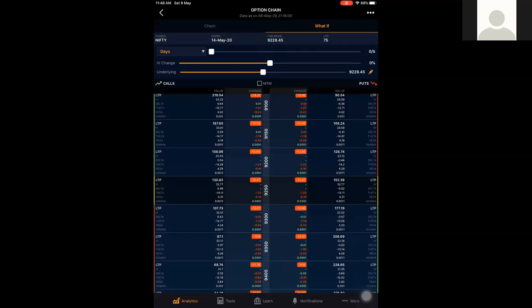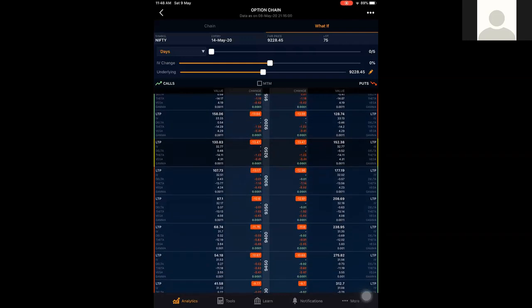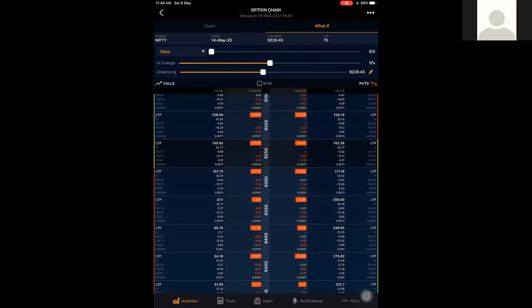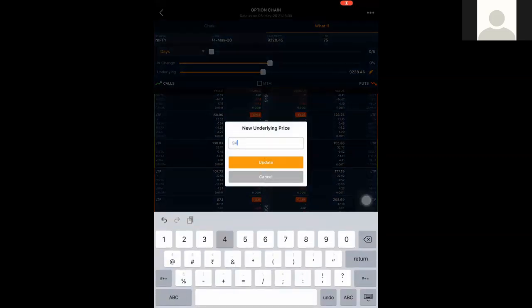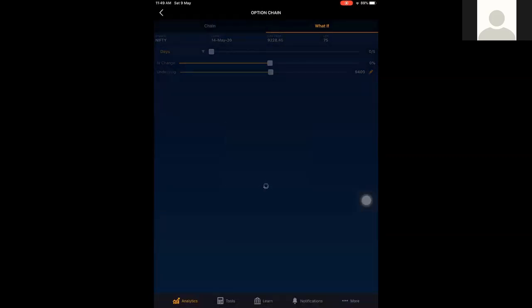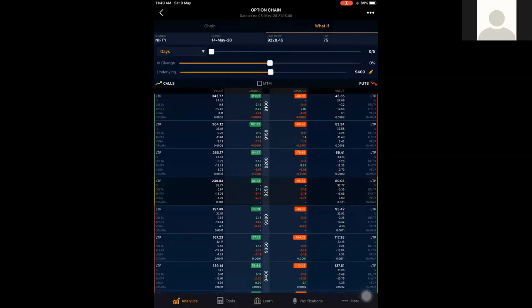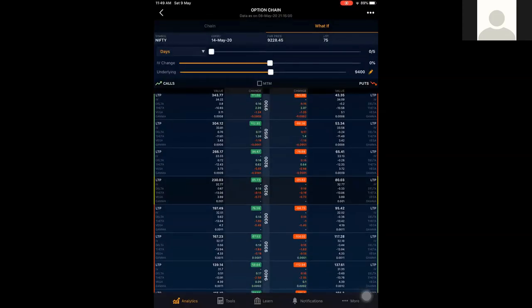So let us understand this what-if analysis. I want to buy the 9300 call option. Now, what will happen to my 9300 call option? First, if the underlying goes to, say, 9400, so I make it 9400, my 9300 call option will increase by 76 rupees.